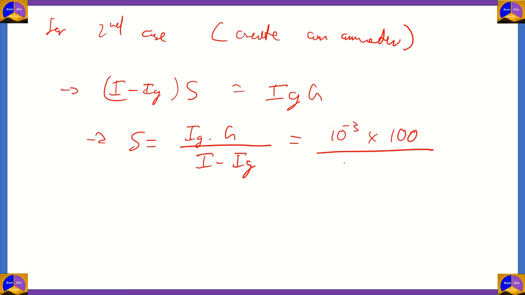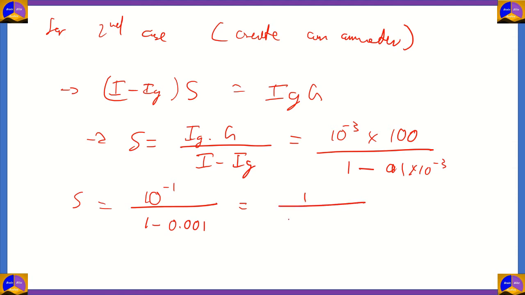I, which is the range of the ammeter, is 1 ampere, and then minus Ig, that is 1 into 10 raised to minus 3 amperes. So therefore, in the numerator, you get 10 raised to minus 3 times 100, so that is 10 raised to minus 1, divided by 1 minus 0.001.